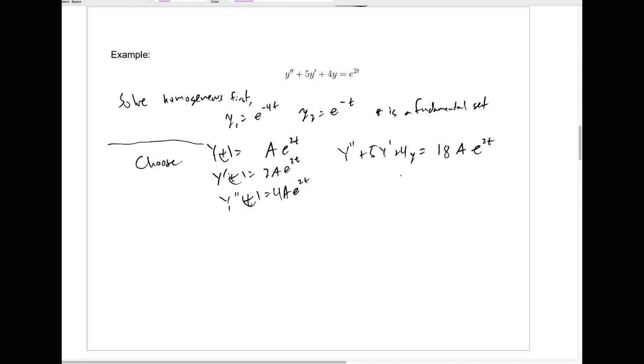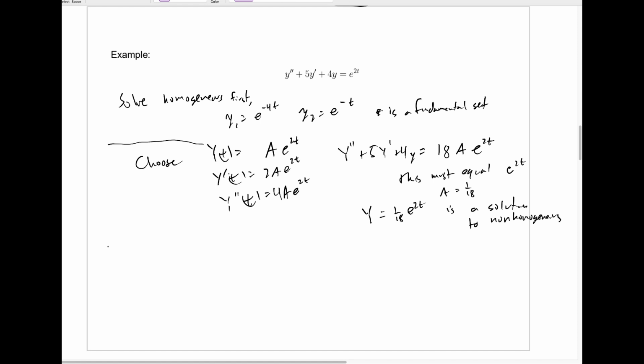So then this must equal e to the 2t. In other words, a has to equal 1/18. So y equals 1/18 e to the 2t is a solution to the non-homogeneous equation.